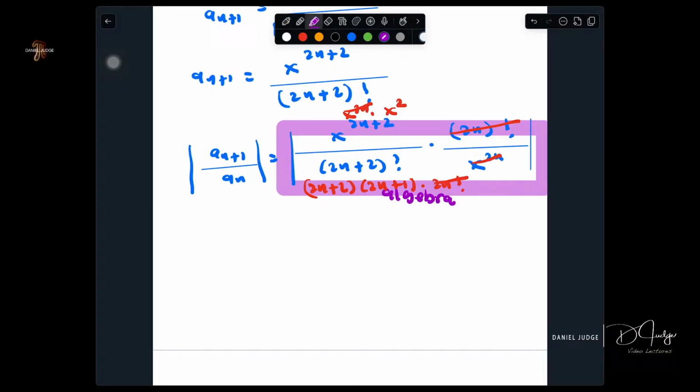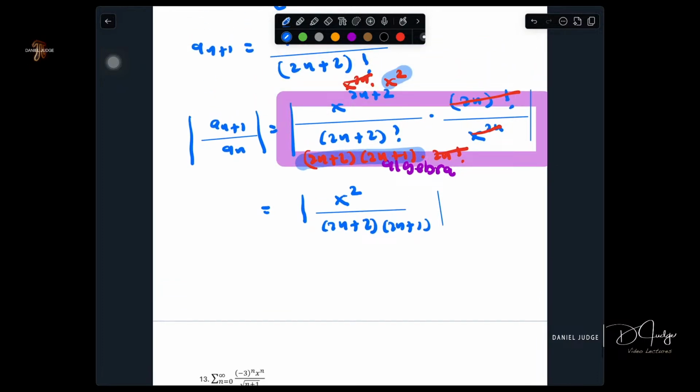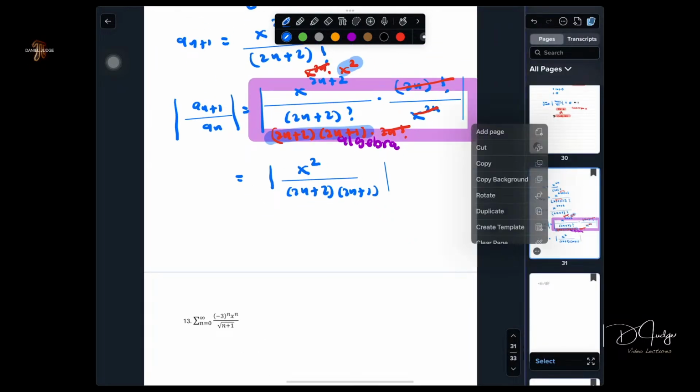Let's be careful and see what is left. x squared is left, and you've got (2n plus 2) times (2n plus 1). So we get the absolute value of x squared over (2n plus 2) times (2n plus 1). Properties of absolute value.